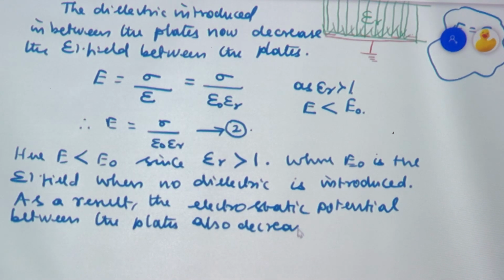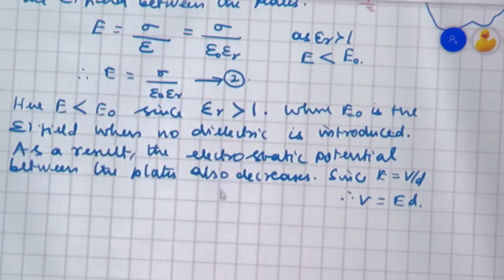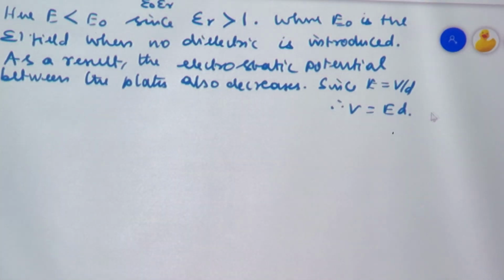Why? Since E is equal to V by d, therefore V is equal to E into d. When E decreases, automatically V will also get decreased. Clear? So when this E decreases, V also decreases.